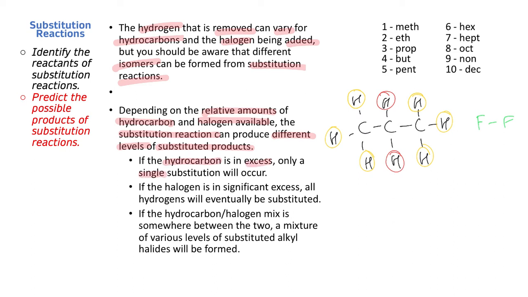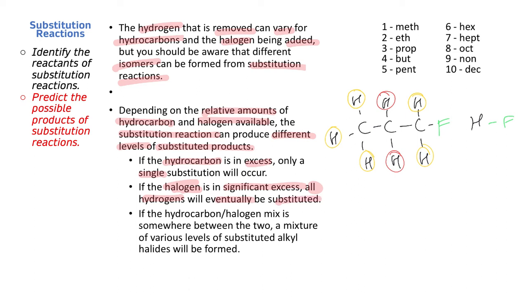So effectively, you're just going to remove one of these hydrogens and replace it with a fluorine. That's just one of them. If the halogen is in significant excess, all of the hydrogens will eventually be substituted.